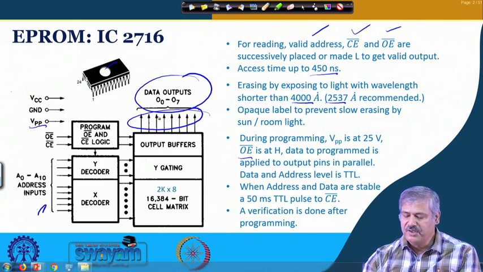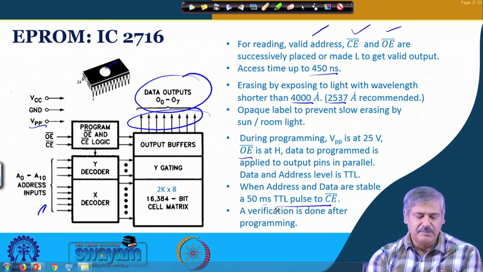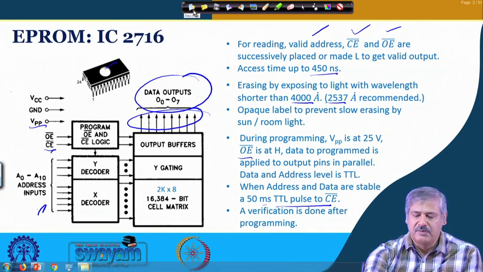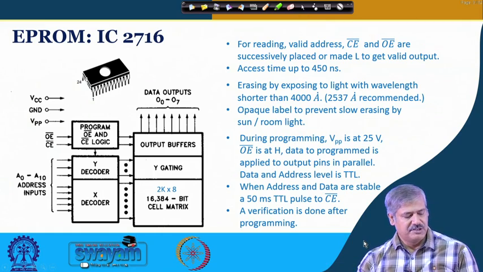Data and address levels are all at TTL, and when address and data are stable, a 50 millisecond TTL pulse is placed on chip enable. By that process writing gets done, and after writing a verification is done whether the data written is what was intended, and if verification passes, then the device becomes ready for use. This is the way EPROM writing or programming takes place.